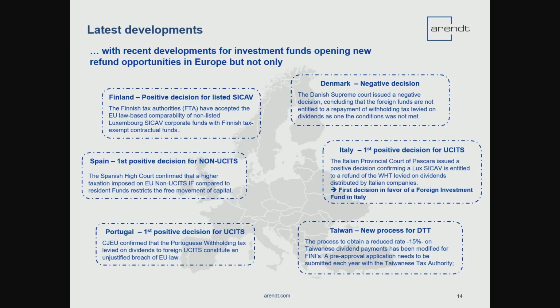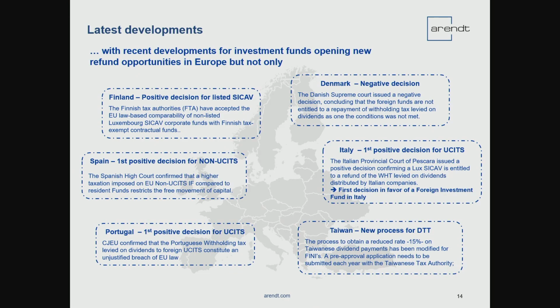And after that, Italy also, it was expected, I think, for almost 10 years. We got the first positive decision from the Court of Pescara, so this year. The Pescara court issued 2 decisions confirming that the Lux SICAV, UCITS SICAV, is entitled to a refund of the withholding tax applied on dividends distributed by an Italian company.